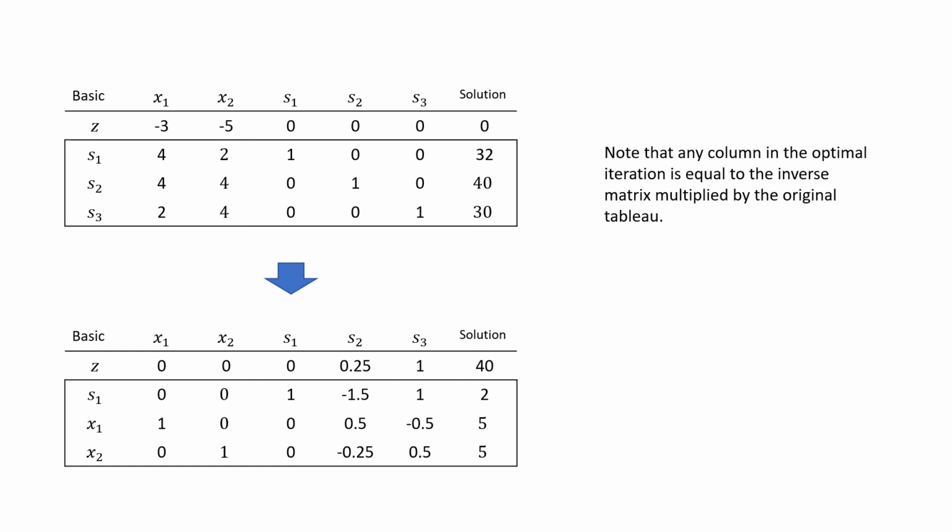Now, just a little bit more about using this inverse matrix. So again, this is the same problem. We had our original matrix that was an identity matrix. Through the iterations, we've turned it into this new matrix, which we've been calling an inverse matrix. Well, take a look at what we've done.